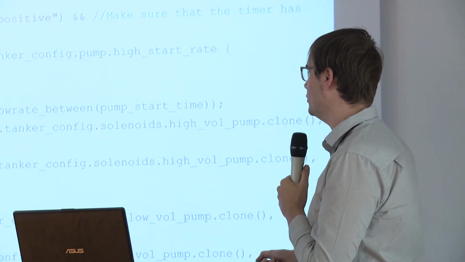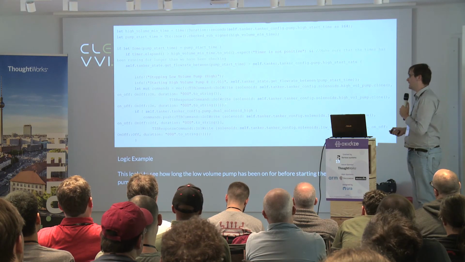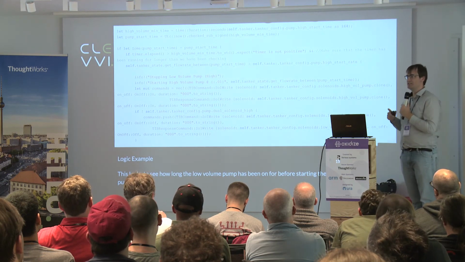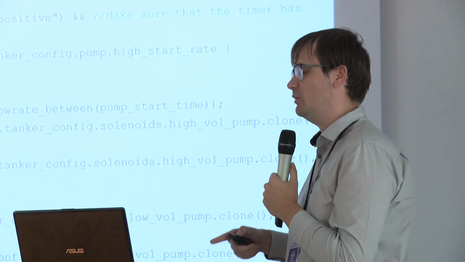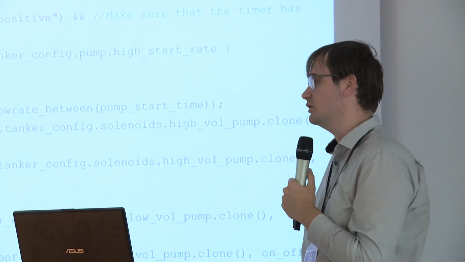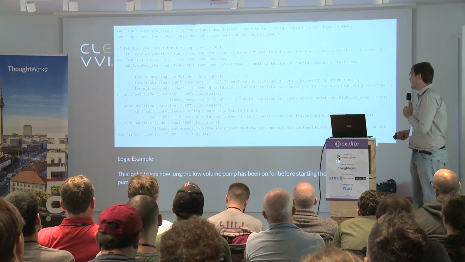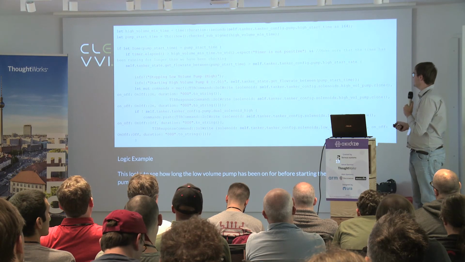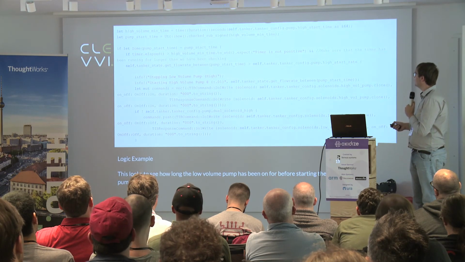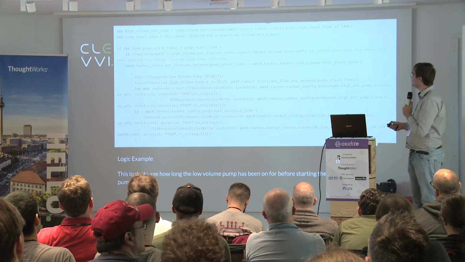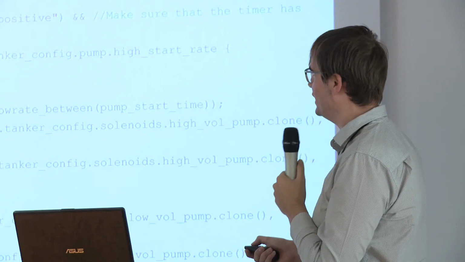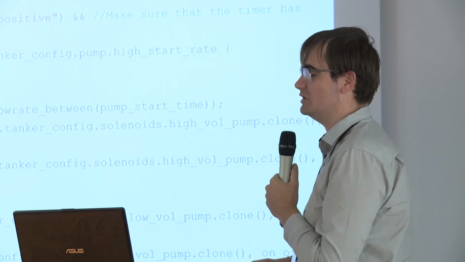And then importantly, we also tell it what command we expect back from the interface board. So when we send a command to the interface board, we get a response, and we actually check that response and make sure it is the response we think it is. And then this is where we look for the timer, to make sure that the timer has actually expired before we start checking anything.